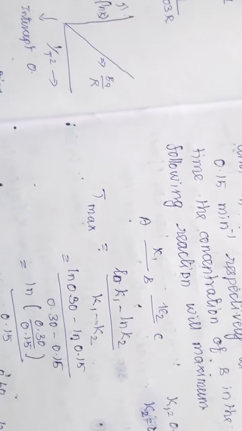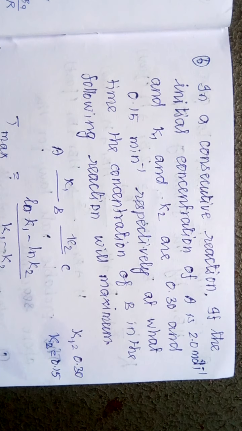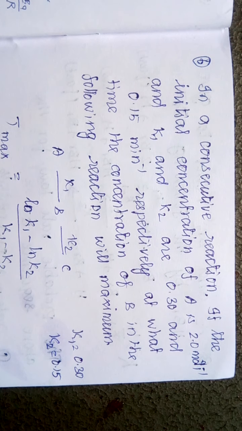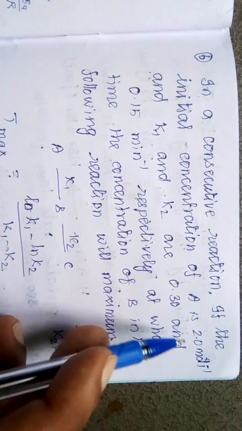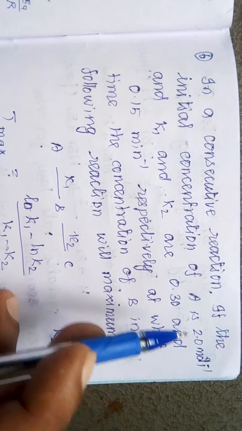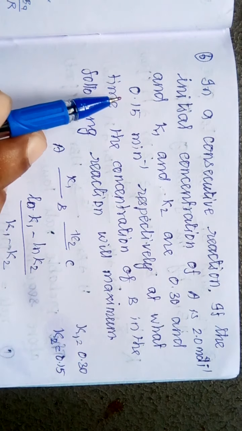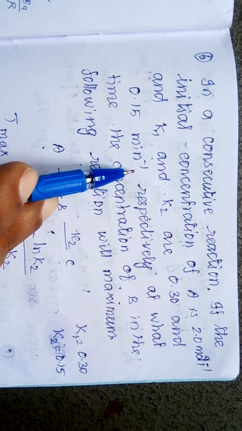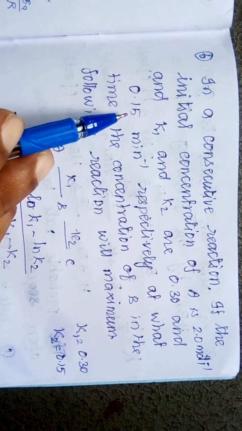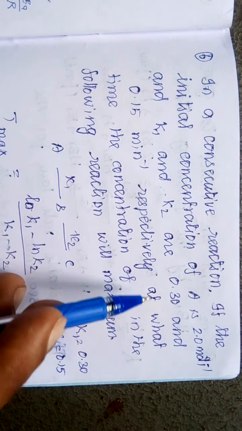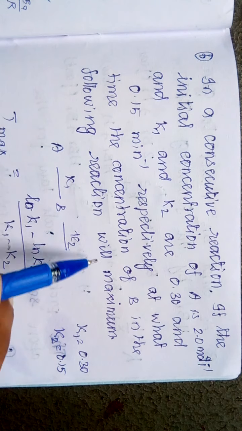Now see the next question. In consecutive reactions, which is in our syllabus, if the initial concentration of A is 2 mole per liter, and K1 and K2 are 0.30 and 0.15 per minute respectively, at what time will the concentration of B in the following reaction be maximum?